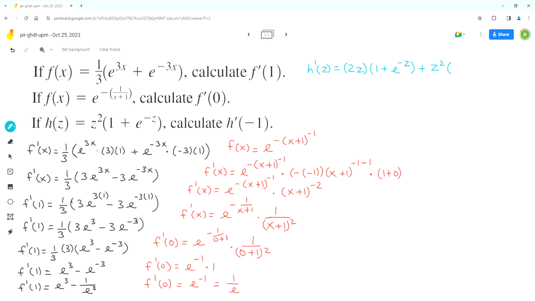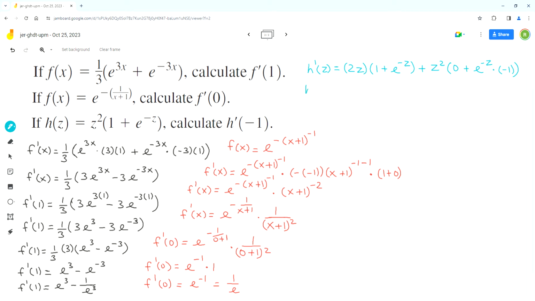Now derivative of 1 is 0 because 1 is a constant, and then plus the derivative of this exponential term with base e will be the term itself with the base e times the derivative of the exponent, which will be -1.